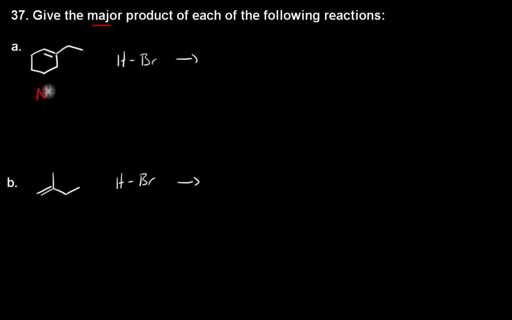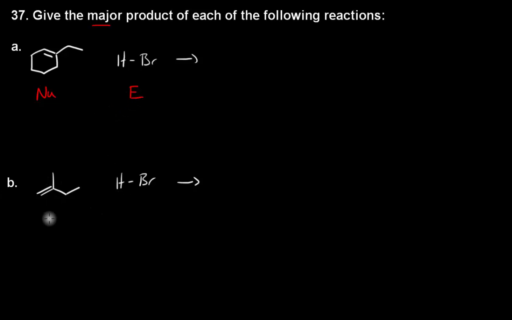So again, the nucleophile is going to have a high density of electrons around it to give, and the electrophile is going to have a deficiency in electrons. So first step is to recognize the nucleophilic molecule, which is this alkene. And the second step is to figure out the electrophile, and that's going to be our HBr. Okay, so that part's pretty simple.